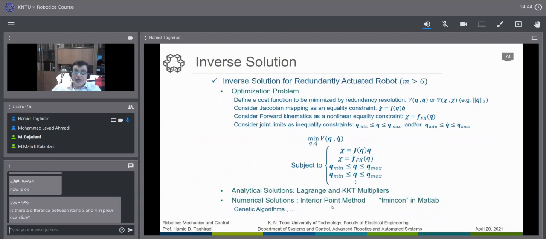Or I prefer to have some gradient-based method like the interior point or other methods. We can use that in the fmincon function in MATLAB. I encourage you to read about that.